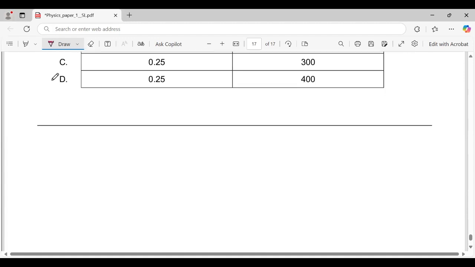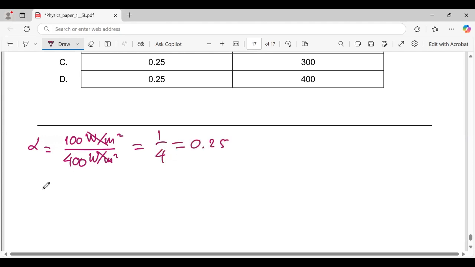For albedo, or alpha, the formula is reflected intensity, 100 watts per meter squared, divided by incident intensity, 400 watts per meter squared, which is 1/4 or 0.25.